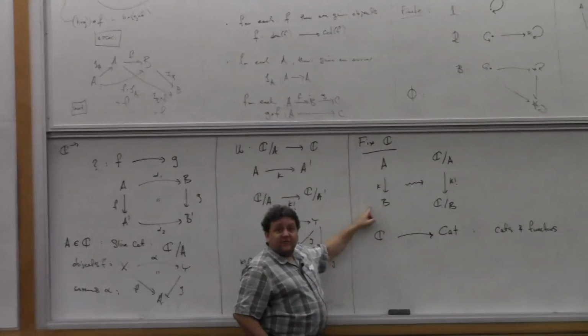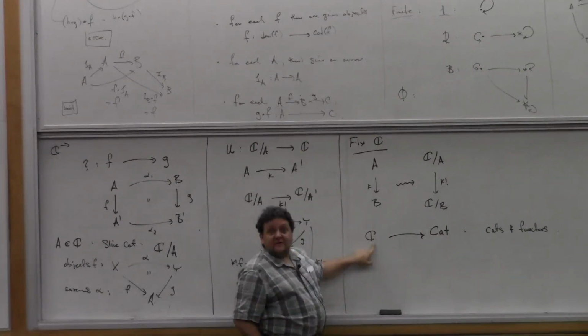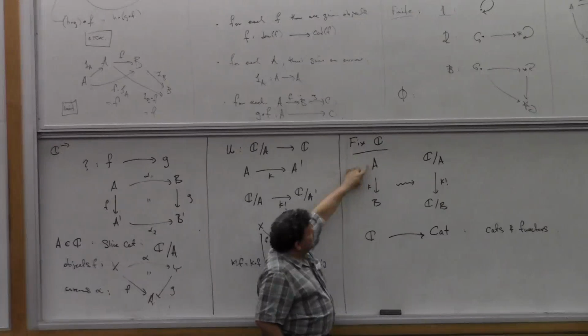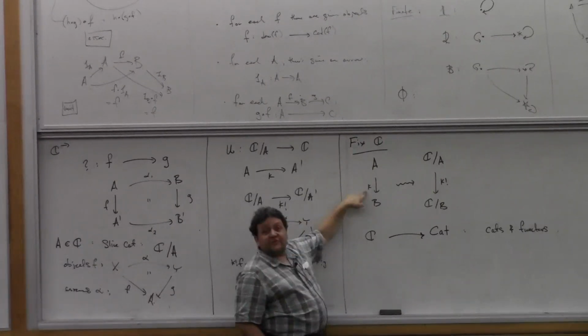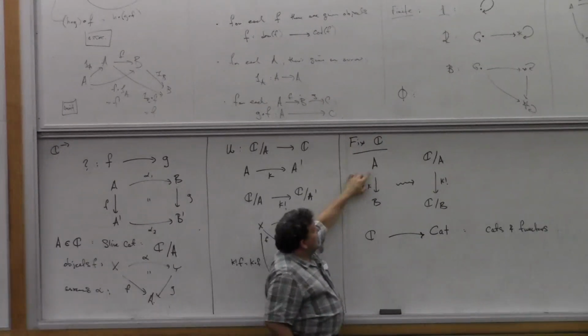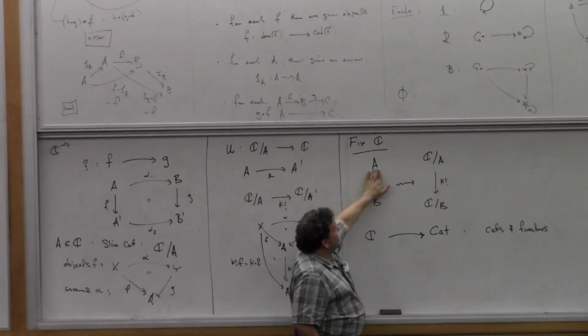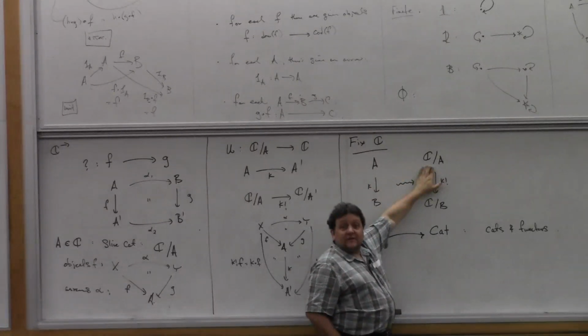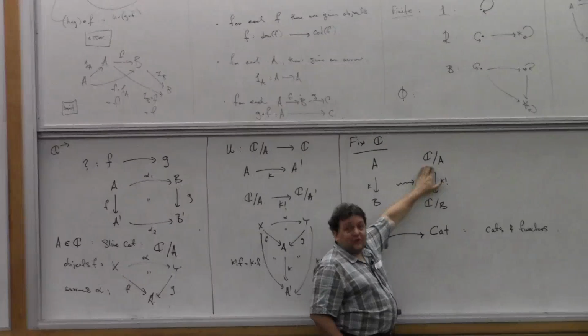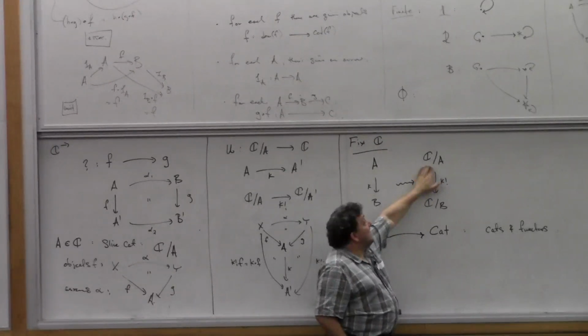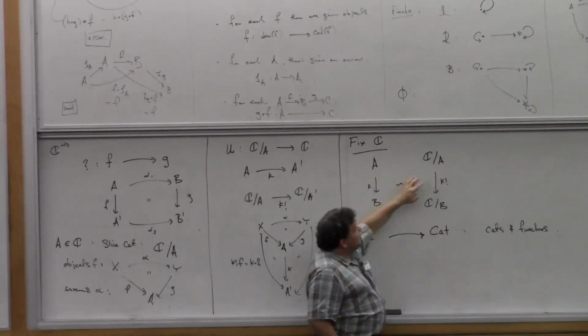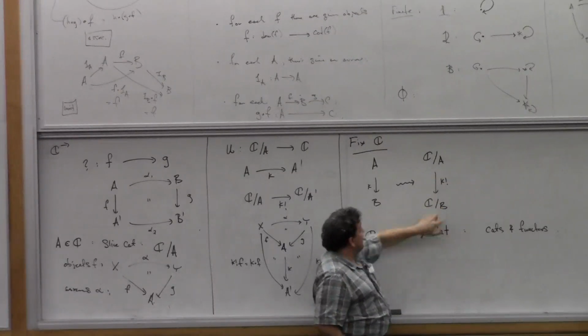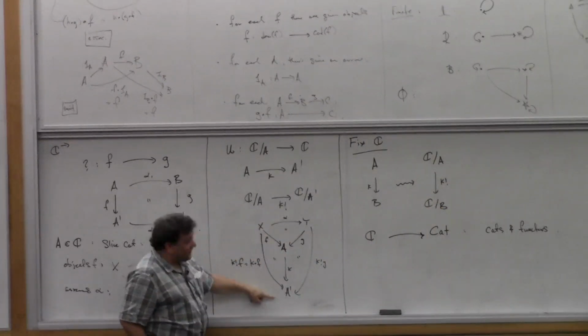What this is? Yeah. This is a category C. Here's an object of C. Here's another one. Here's an arrow of C. Okay? I've given you an assignment for each object of a category. Namely, the slice category consists of these triangles. And then for each arrow, there's a functor which goes from here to here. It's this functor. Okay? It's this operation.